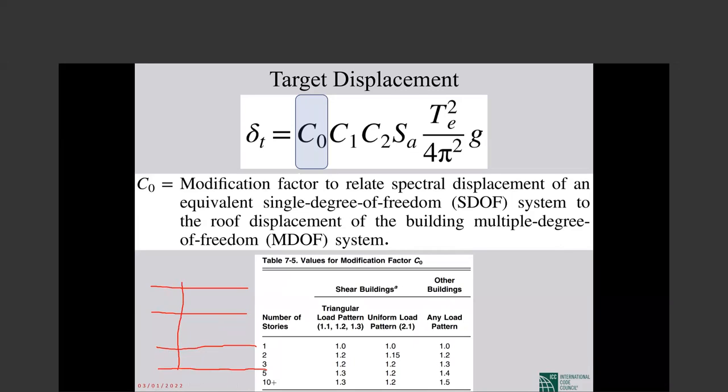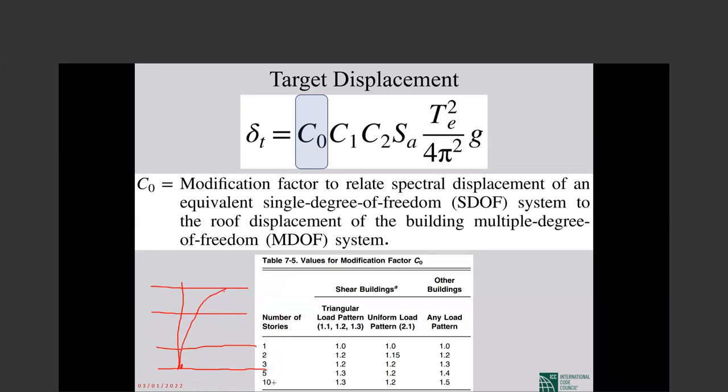Some buildings, when they are under a static lateral load, their form of deformation is like this.